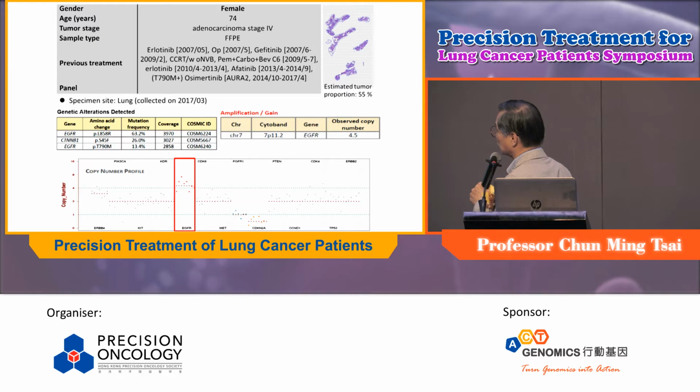Then relapse, treated with Iressa, chemotherapy, chemotherapy plus Avastin, then afatinib, then developed T790M, osimertinib, enrolled in the AURA2 study for 3 years. Then after failure, we found out it has EGFR amplification.